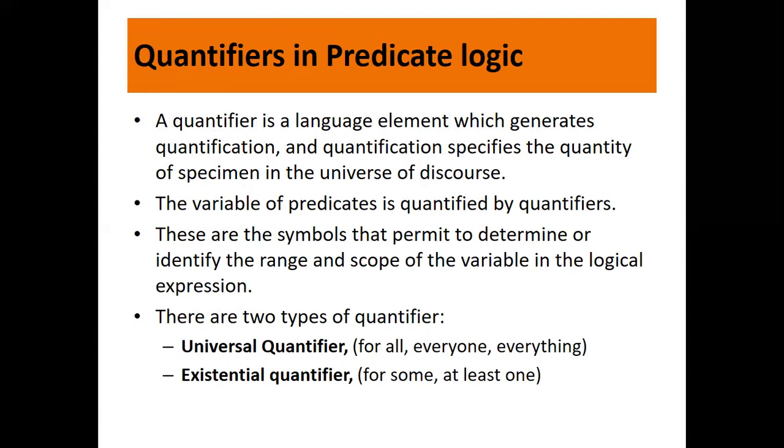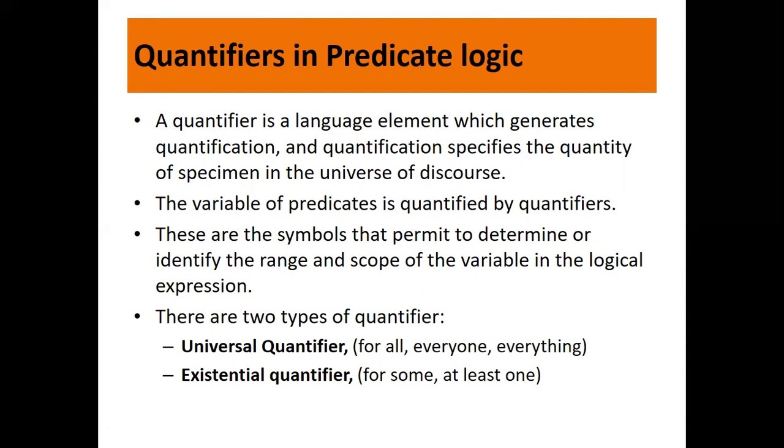The variable of predicates is quantified by quantifiers. Remember the variables of predicates, we have variables in lowercase as I showed you in the previous table, are quantified by the quantifiers. These are the symbols that permit us to determine or identify the range and scope of the variables in the logical expression.